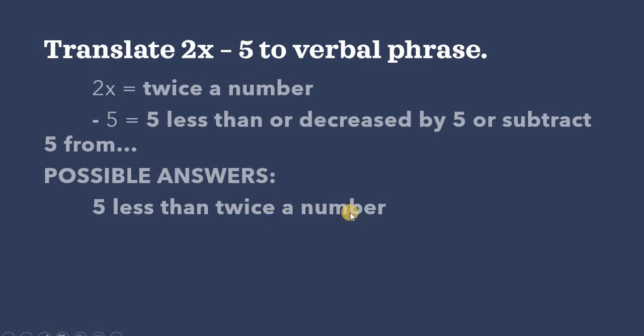5 less than twice a number. Take note, kapag gumagamit tayo ng less than, okay, dapat nauuna yung kung ano yung nasa last term. Diba? Katulad nito, nasa last term yung 5, pero inuna siya dito sa verbal phrase. So, ganun siya kapag gumagamit tayo ng phrase na less than. So, 5 less than twice a number.